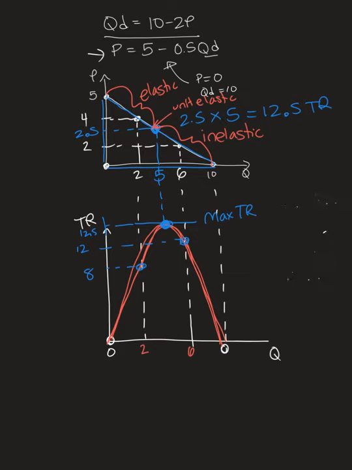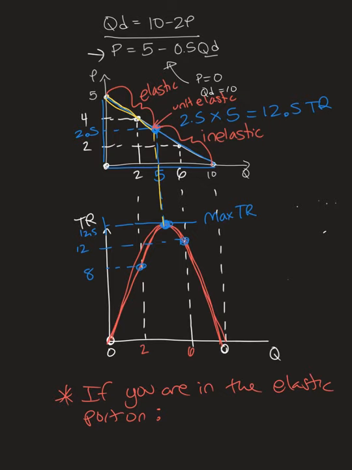there's a simple formulation. And the simple formulation is if you are in the elastic portion of the demand curve, okay, what you should do, so if you're in the elastic portion, you're in this part here, which corresponds to this section of the total revenue curve.